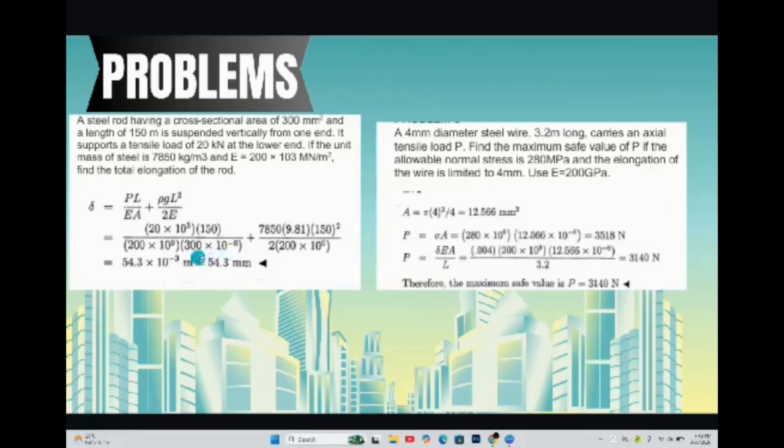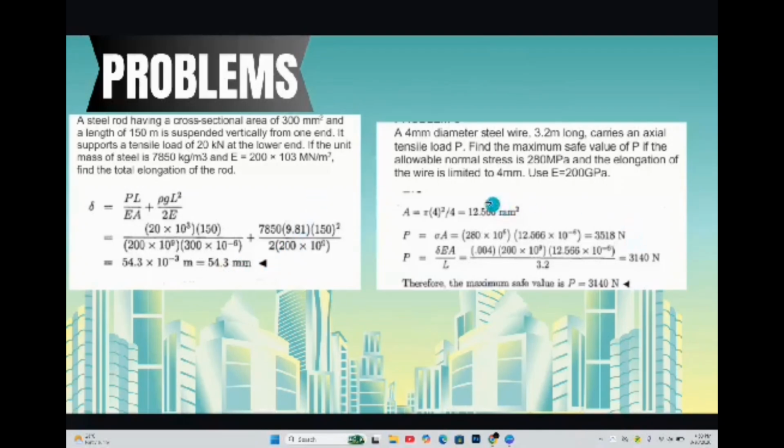This is also already converted to meters, plus the density, 7,850 kilogram per cubic meter, times gravity 9.81, times the length 150 squared, over 2 times 200 times 10^3. If you input this in a calculator, we get the answer 54.3 millimeter.